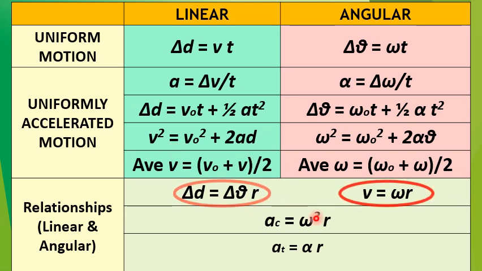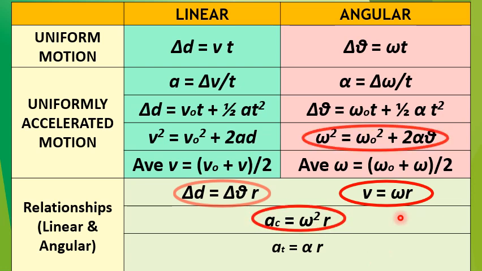Next, we also have the linear speed or velocity v, which is equal to the angular speed or velocity omega times the radius r. The third equation is centripetal acceleration equal to the square of the angular speed or velocity times the radius r.